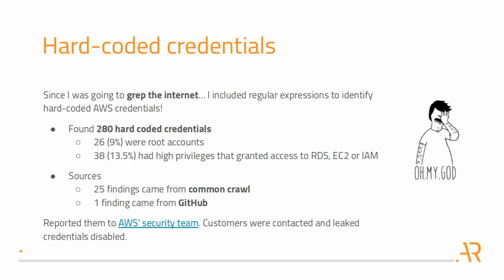So if you want to do some evil, go to Common Crawl, grab there, find root accounts, do some Bitcoin mining. And of course, I reported everything to the AWS security team. I'm pretty sure some of you guys are here.